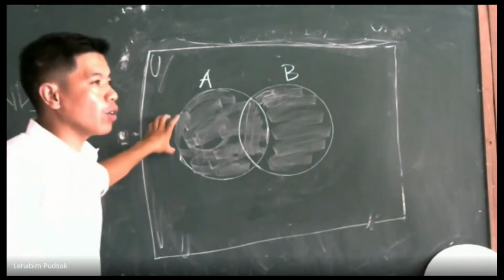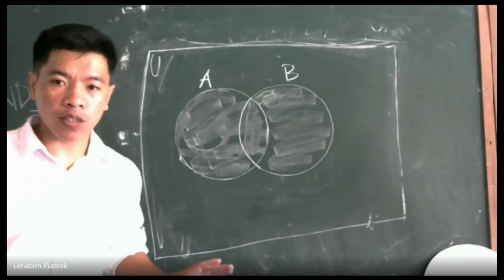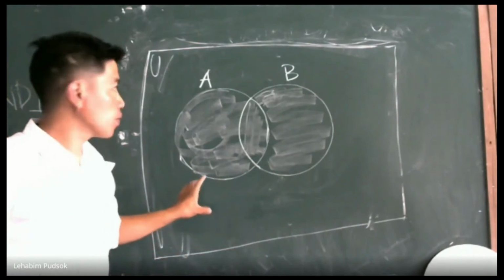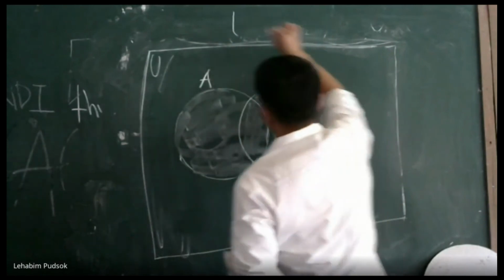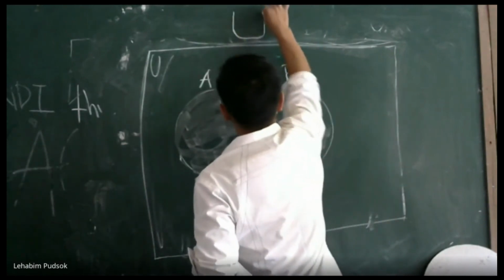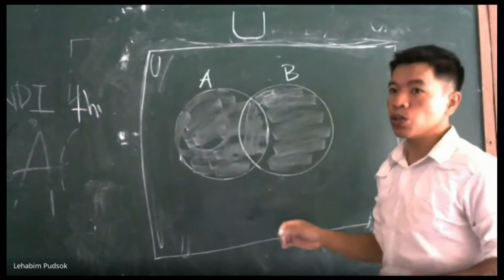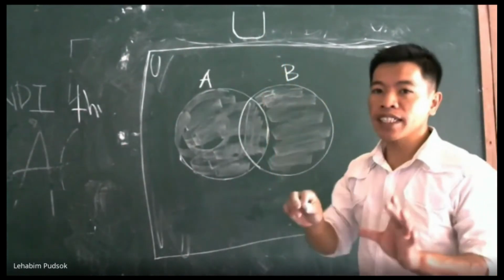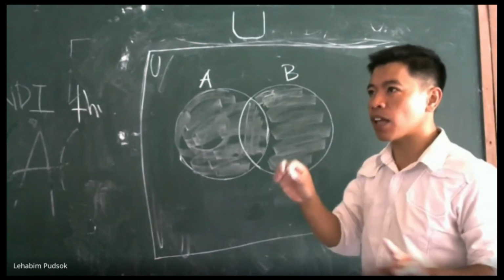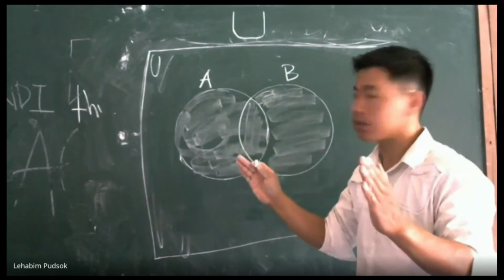Now, what is the meaning of that? It is the union of the sets. So what is union? You remember, I told you the symbol for union is like a capital letter U, but it is wider.